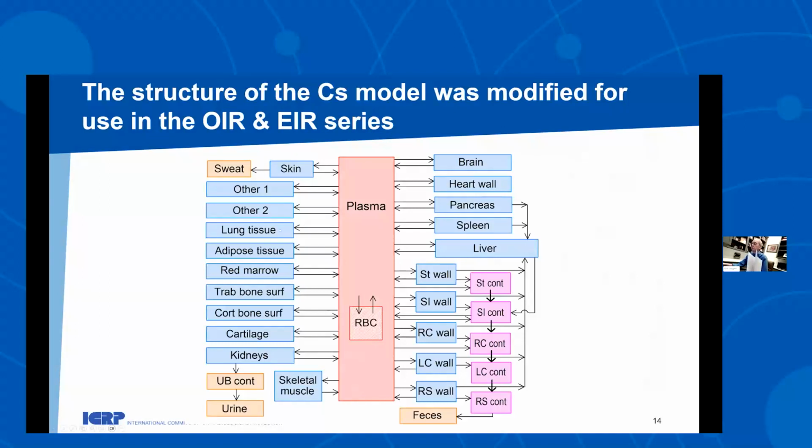Almost all the transfer coefficients could be carried over without change. And this was designed so that the predictions of the model shown in the previous slide were changed hardly at all. The time-dependent activities in tissues, that is, for cesium isotopes.